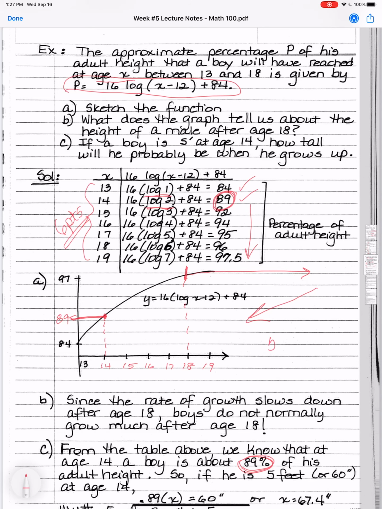So if you're 5 feet at 14, then you know 0.89 of your total height is going to be 60 inches, because that's how tall he is now. So the full height is going to be 60 inches divided by 0.89, which gives us 67.4 inches.